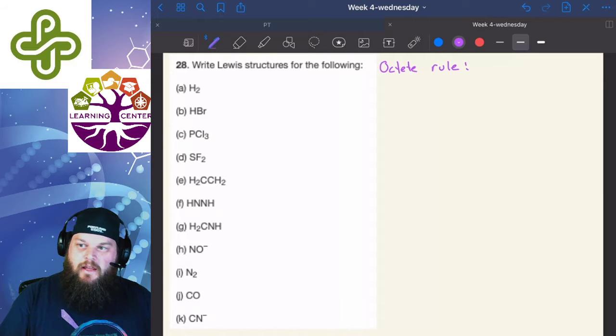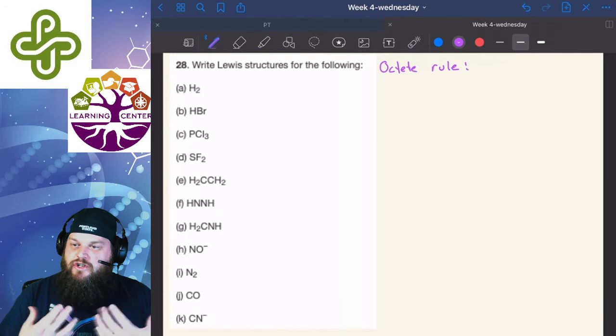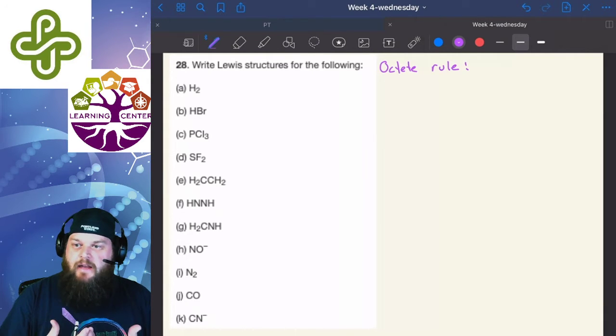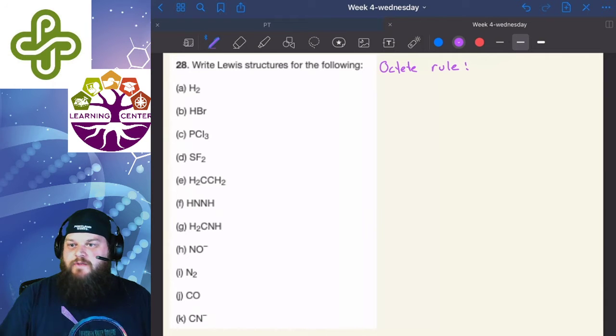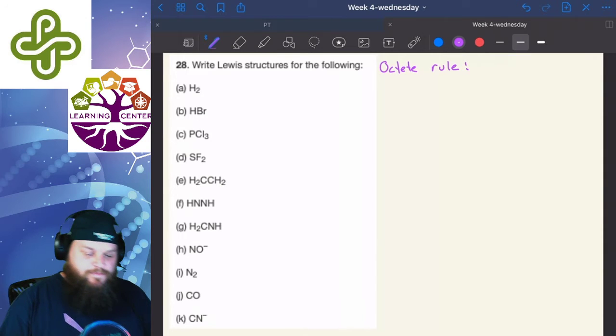So ultimately, in covalent bonds, we're sharing electrons between the different atoms, and we want to make sure that each atom has at least 8 electrons. Some of the bigger atoms can have more than 8 electrons, but really nothing wants less than 8, with a few exceptions: hydrogen, helium, and anything that's low on the periodic table.